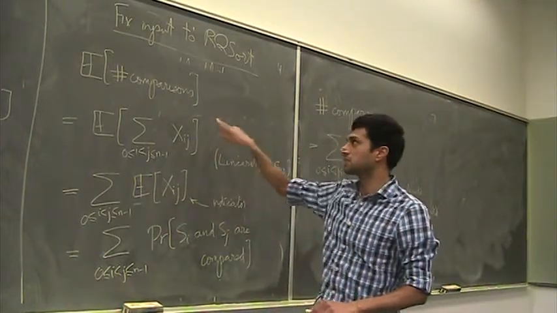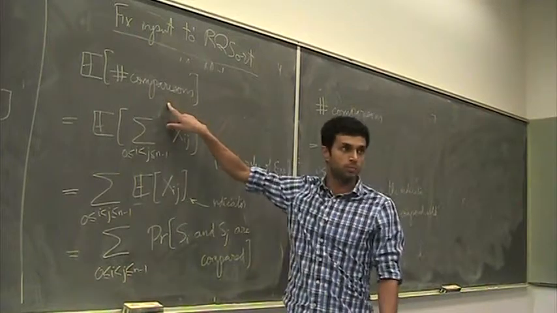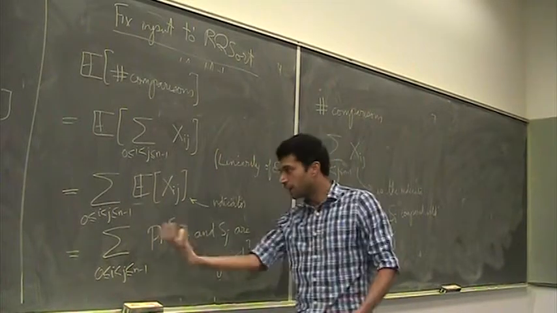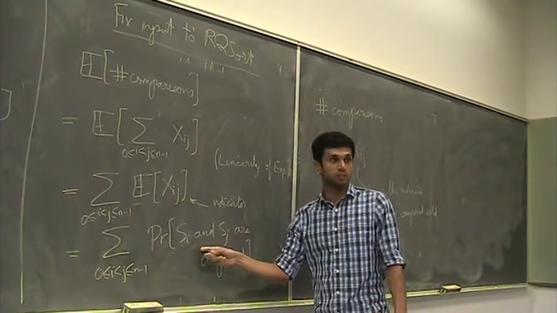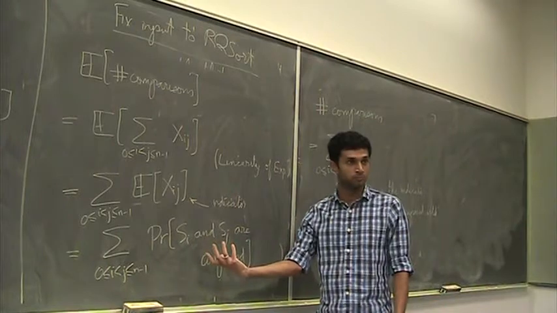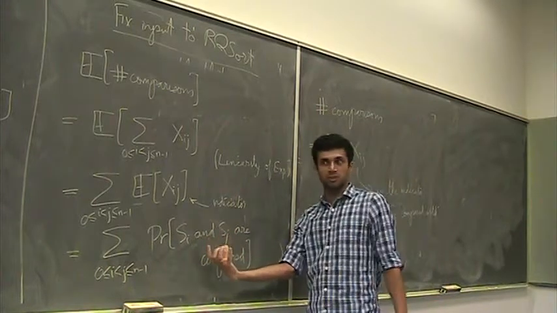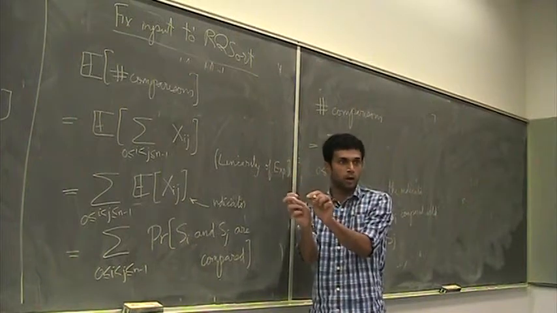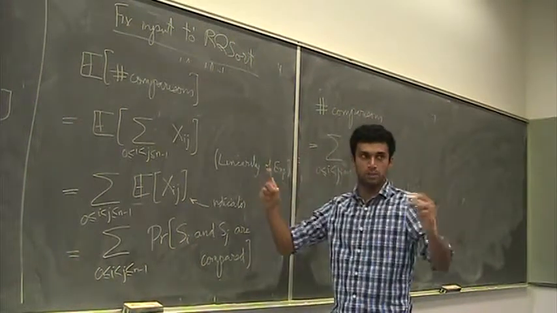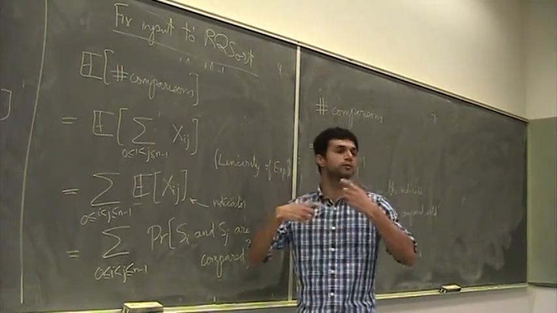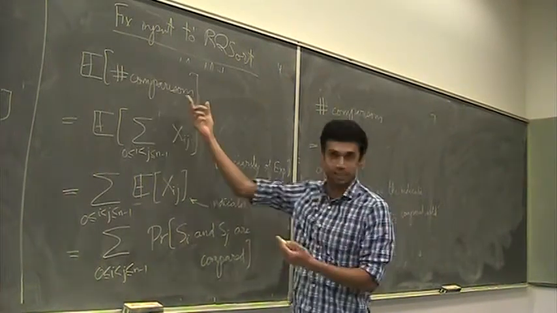The trick is to be able to write whatever you care about as a sum of simple things, and then we still haven't figured out how to do this. Because this also isn't obvious, it's not obvious what this is going to be. But what this allows you to do is instead of trying to worry about the whole, you get to worry about a specific part. Which is just, I have two elements, are they going to be compared or not? And then you can just add those values up and get the average.